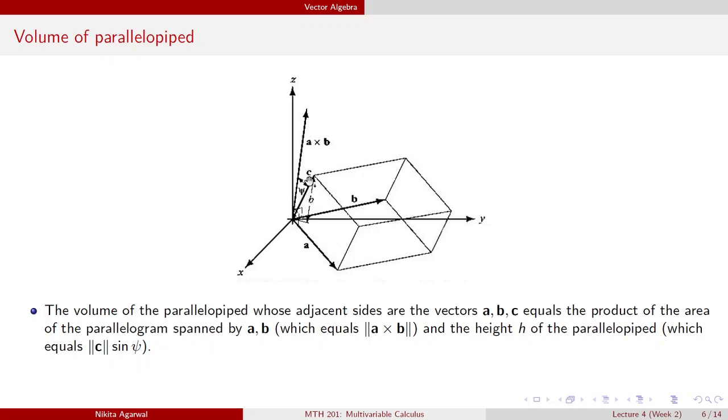Because if you look at this height, this is norm C, right? And then this angle is psi, right? So if you drop a perpendicular, and look at this right angle triangle, this comes out to be psi.